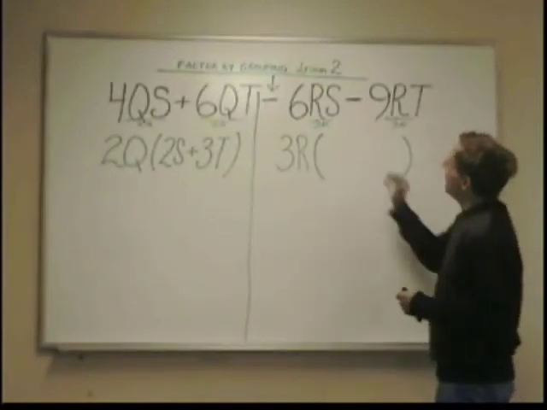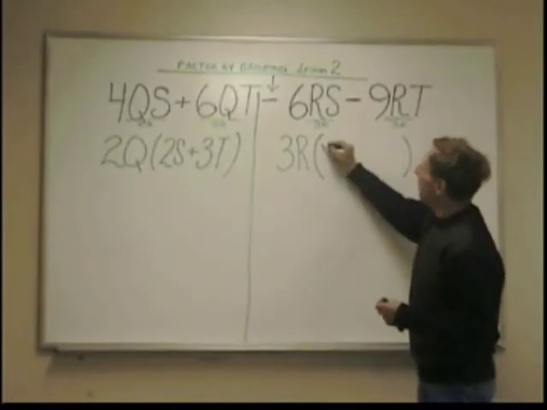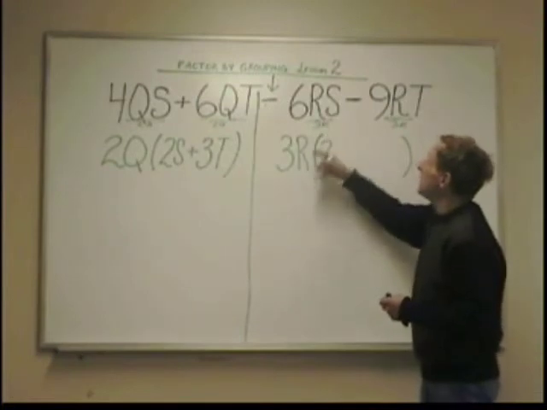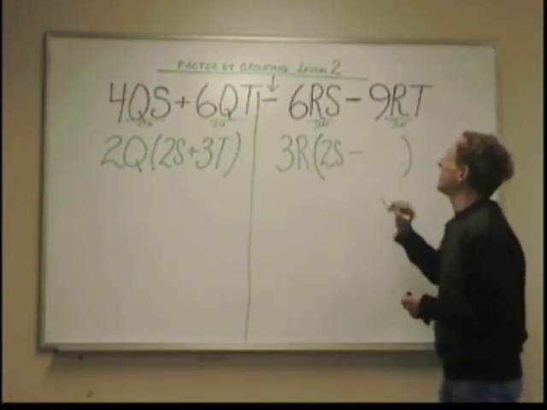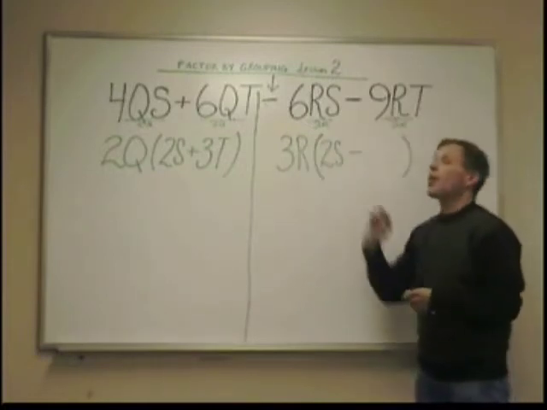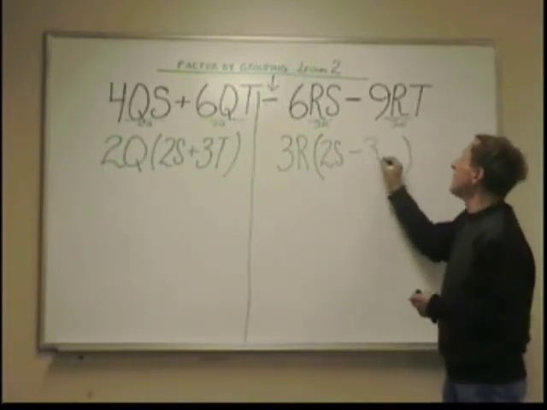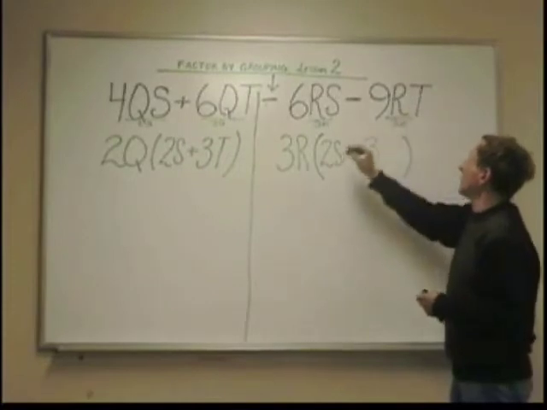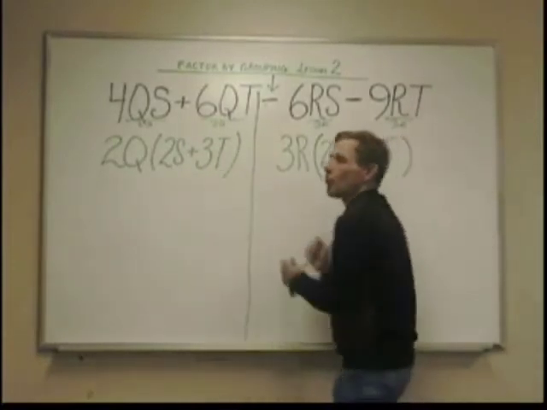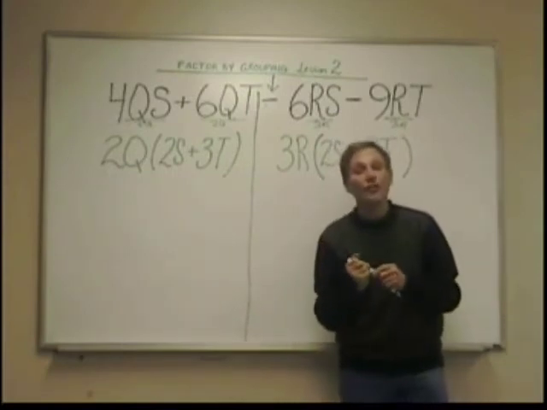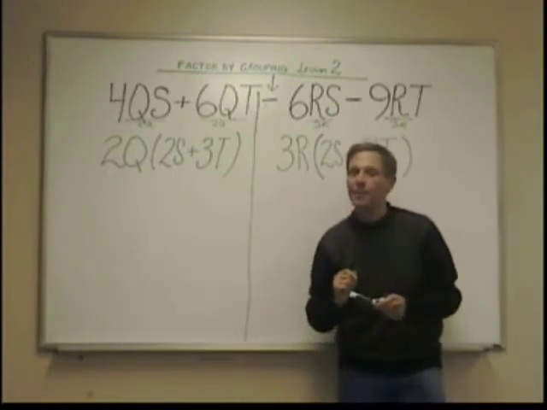Now I have 6 divided by 3 is 2. The r's cancel, s. I'll bring down that sign. 9 divided by 3 is 3. The r's again cancel, t. And look, it almost works. It has the wrong sign, but it's almost there.